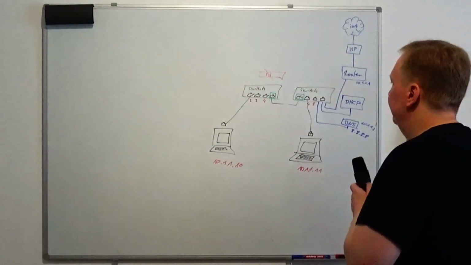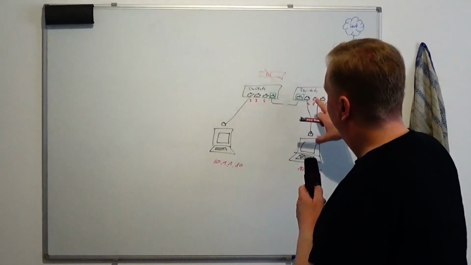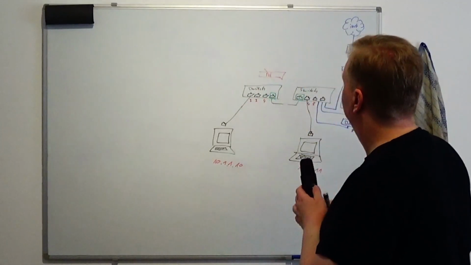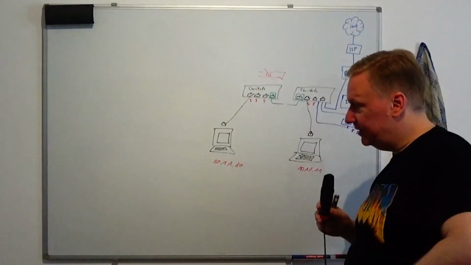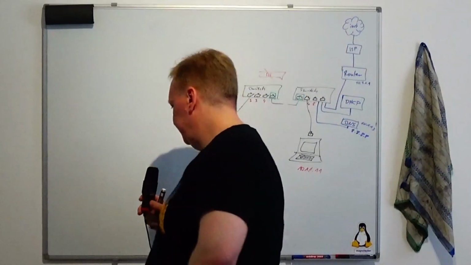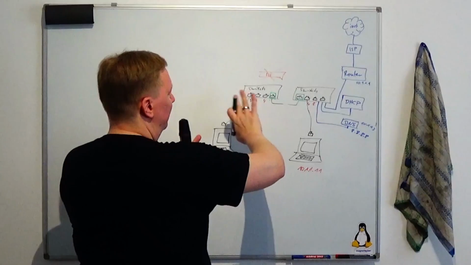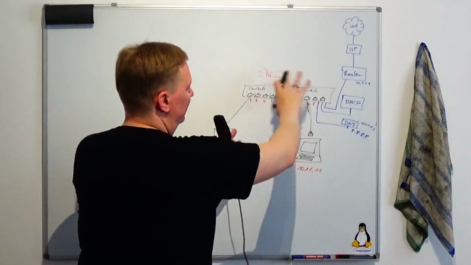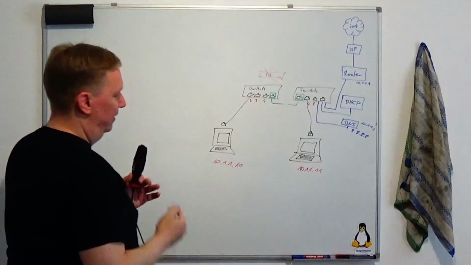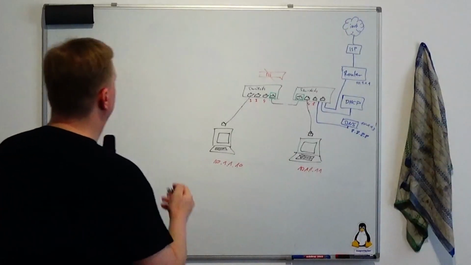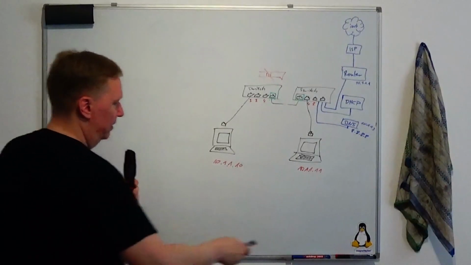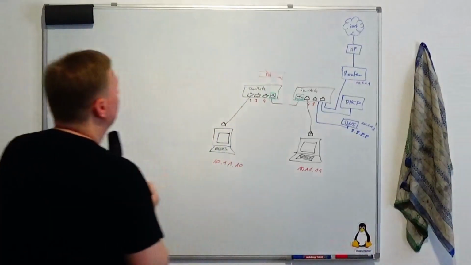Okay. So now when you are subdividing your network with these VLAN tags, you kind of have to stop thinking of your network in terms of this physical reality here, and you have to start thinking about that on a logical level.